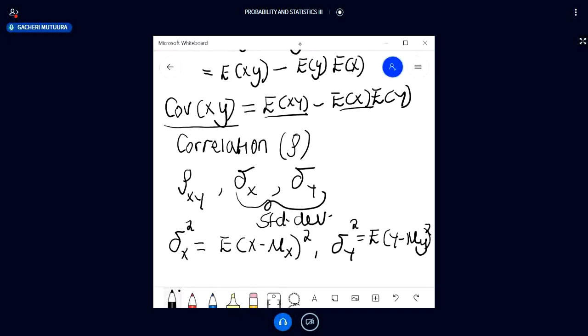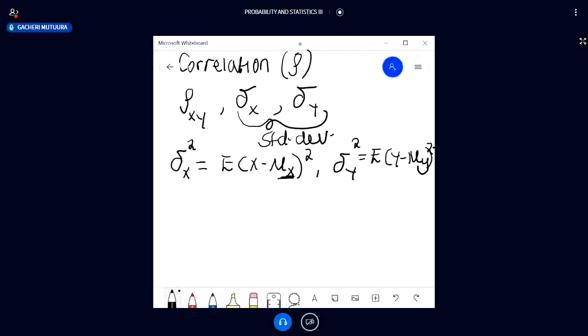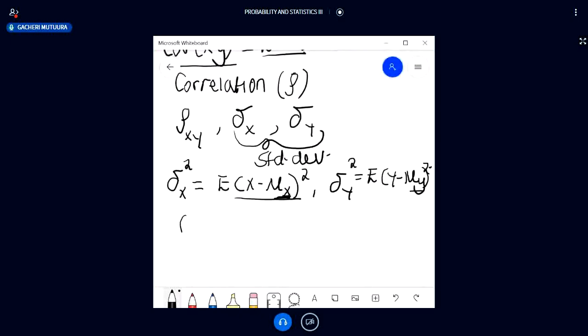So you will have to get these expected values, mu x and mu y, so that you can now subject them to this expected value. After you obtain that expected value, then you can now proceed to compute the correlation coefficient.